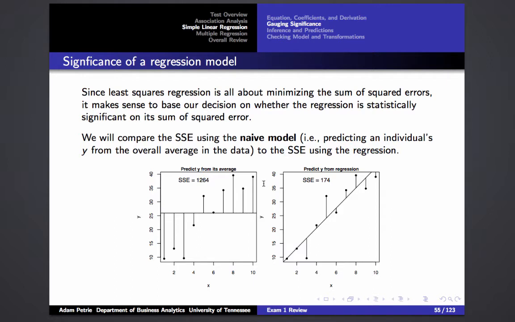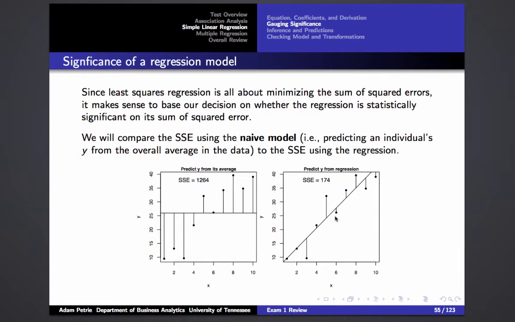A regression is going to be statistically significant if the reduction when going from the naive model to the regression is large. In other words, unlikely to have been produced just by random chance. So what does it mean to be produced by random chance? Well, the sad fact is that even when we use a completely unrelated random predictor to predict y, that's always going to fit the data better than using the naive model.